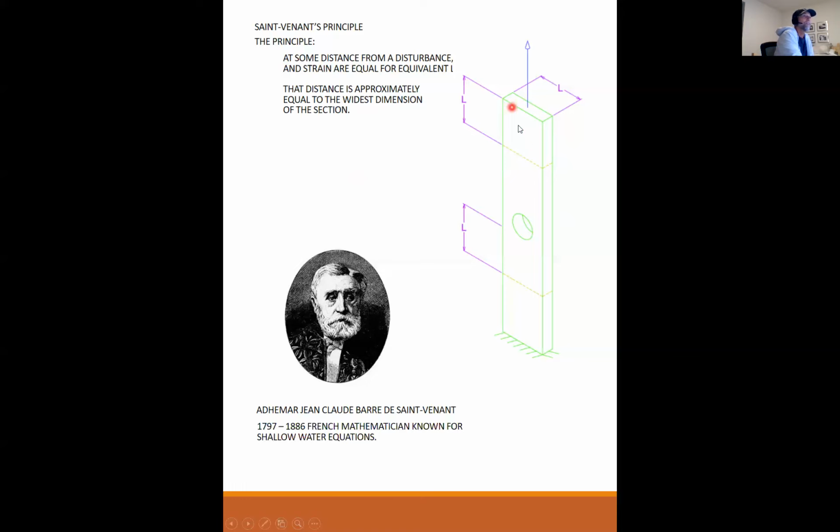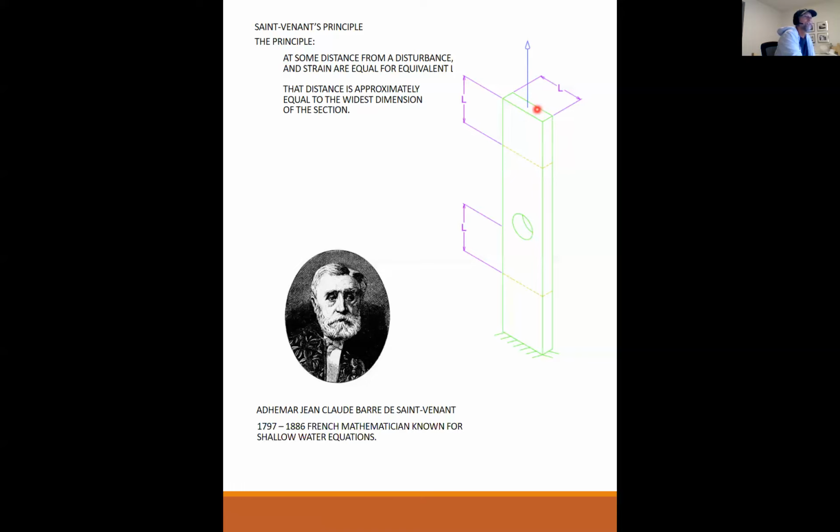Well, directly under that point load, you have some very high stress fields due to a very large load being applied over a small area. But down here at L from the bottom, it would average out to P over A. Now, if you were to replace this load with something that is equivalent, so say instead of one big 100 kip load, you apply two symmetric 50 kip loads.